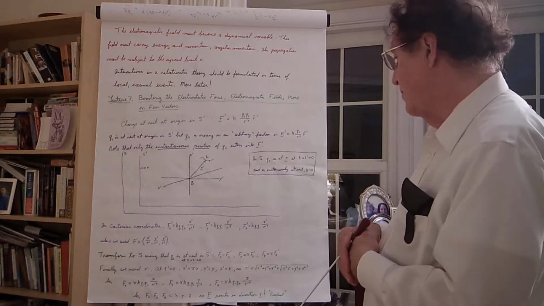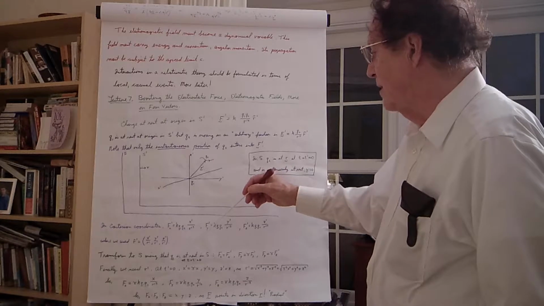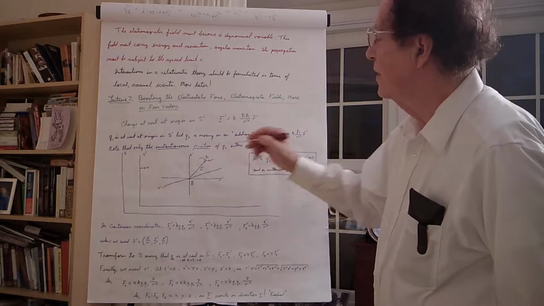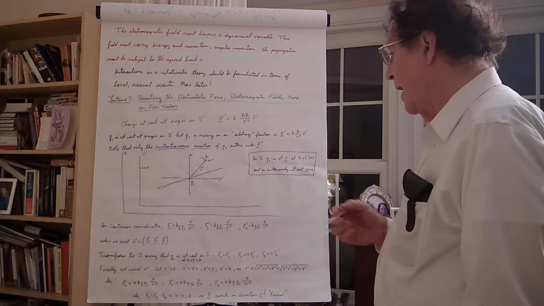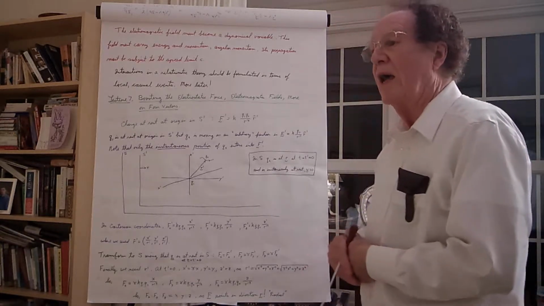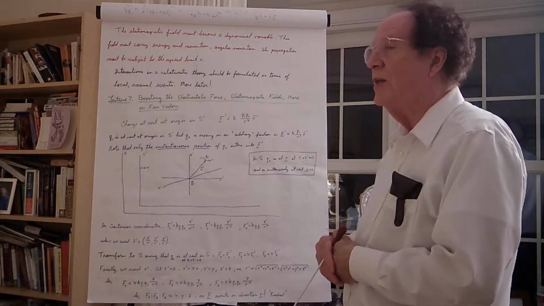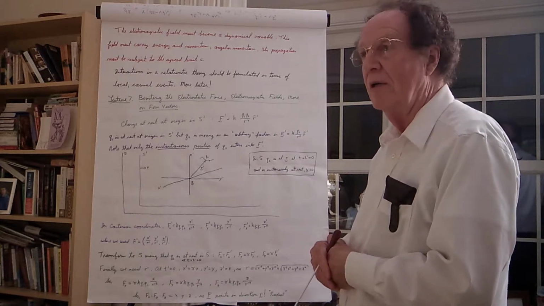Well, that's pretty easy to do. For example, at t prime equals t equals 0, the origins of these two frames coincide. That's how we set things up. So I'll take the general Lorentz transformations for x, y, z, and t for that situation, and then I'll set t equals t prime equals 0.